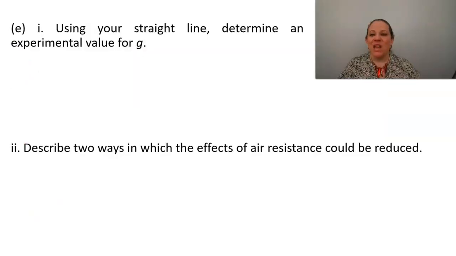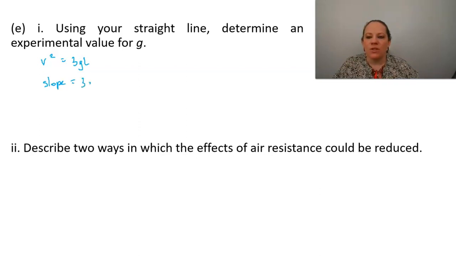E part 1, using your straight line, determine an experimental value for g. So remember that what we saw earlier is that v squared equals 3g times L. So I'm going to say that my slope is equal to 3 times g.